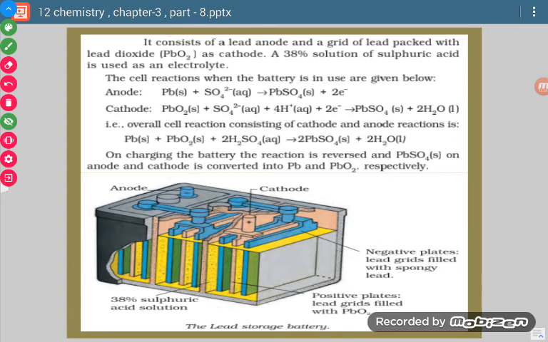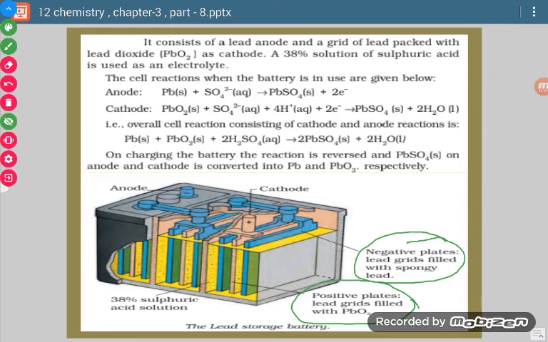Okay, now see, from the diagram you can see that there are grids. These are lead grids, and if we are packing them with lead, then they become a negative plate, and when we pack the lead grids with lead dioxide, then they become the positive plate.